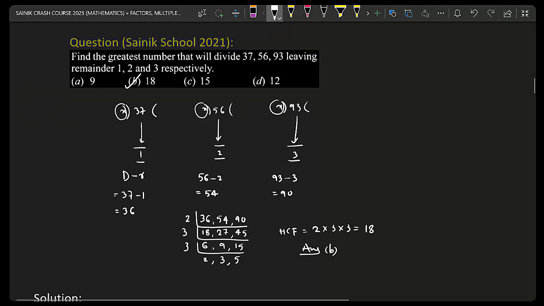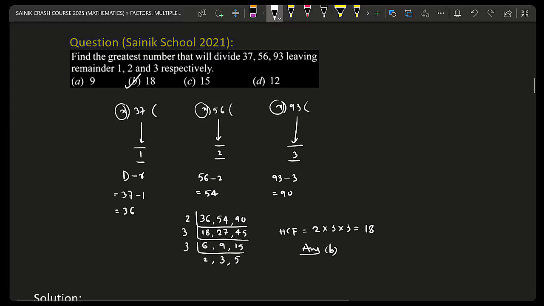Sir, yes, Aditi. Sir, I have a doubt on this question. Okay, can you tell me exactly where you got the doubts? I don't understand this question, sir. See, you have to find the greatest number that will divide 37, 56, 93, leaving remainders 1, 2, 3 respectively. Take any number x. With x you divide 37.